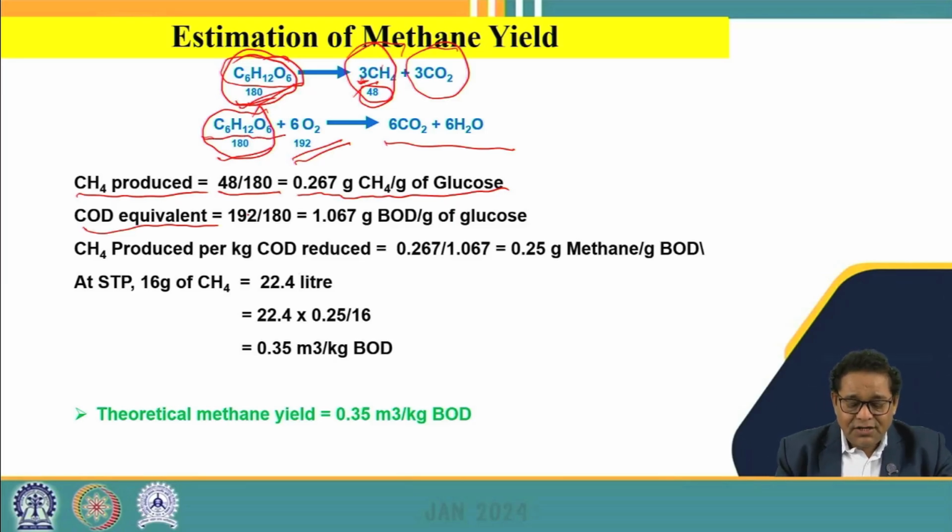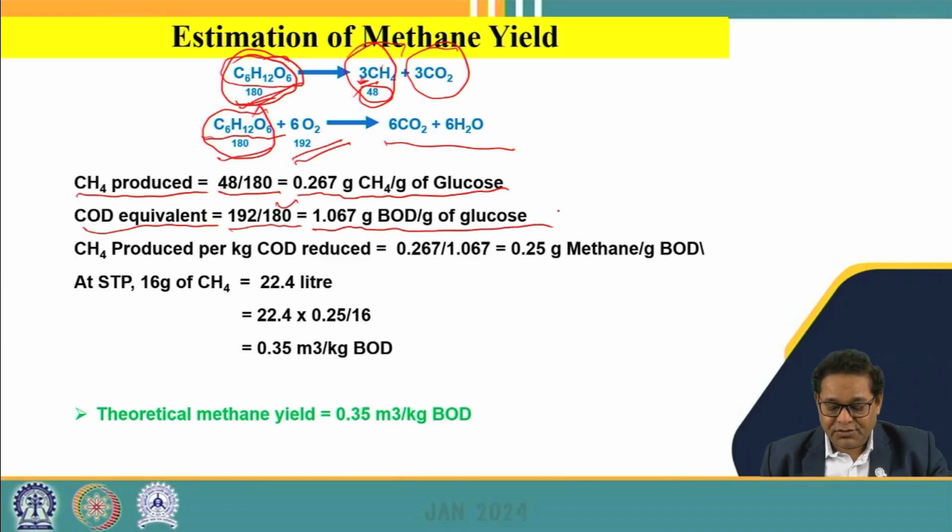So the COD equivalent per gram of glucose will be 192 divided by 180. So we get 1.067 gram of BOD per gram of glucose. BOD or COD we can say here, because BOD and COD are interrelated and can be used to represent the organic matter.